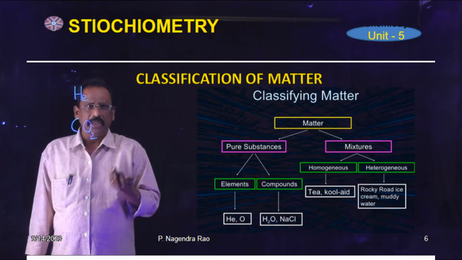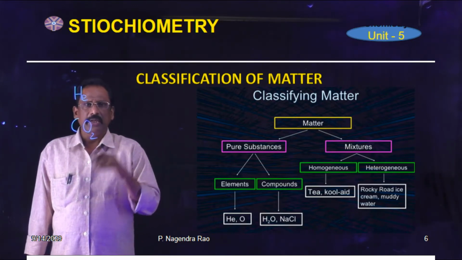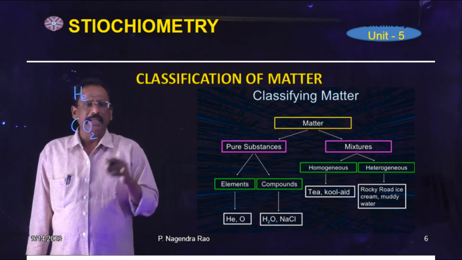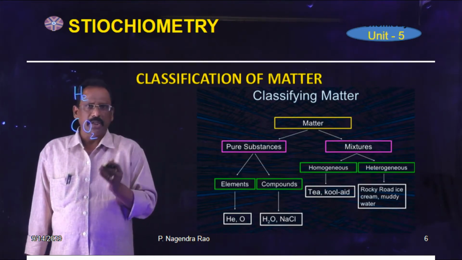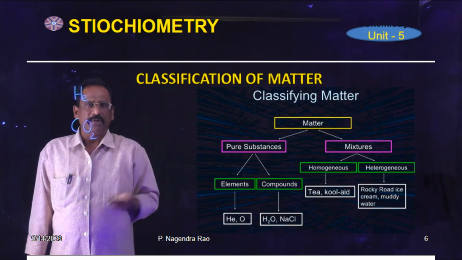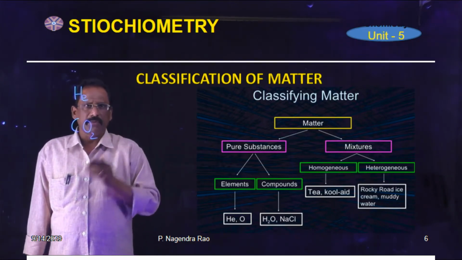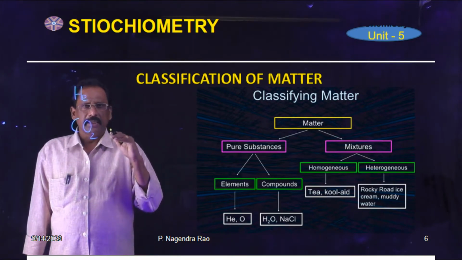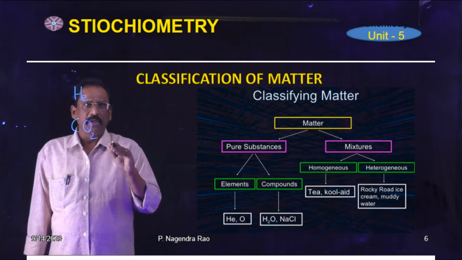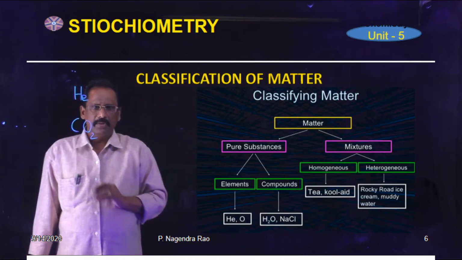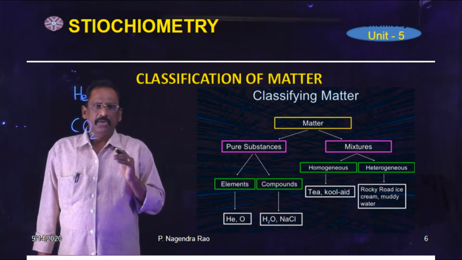For example, salt and sugar is an example of a heterogeneous mixture. So finally, matter is classified into two forms, pure form and mixture form. Elements and compounds belong to pure forms of the matter, and a mixture can be in homogeneous form or heterogeneous form. So this is about the classification of the matter in stoichiometry.